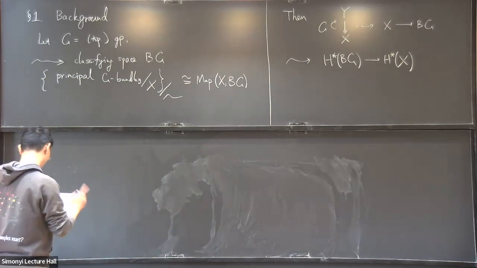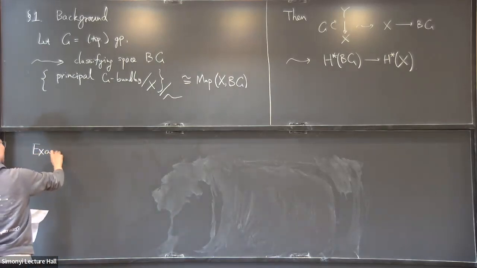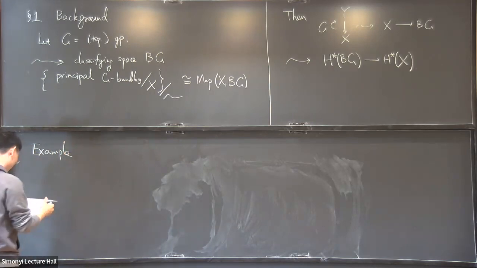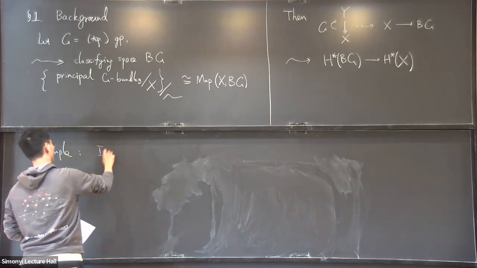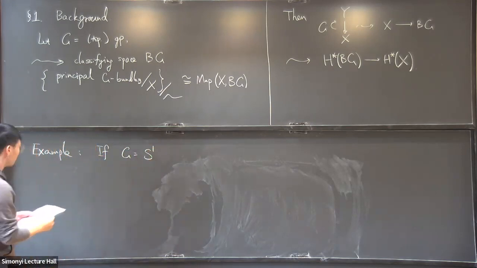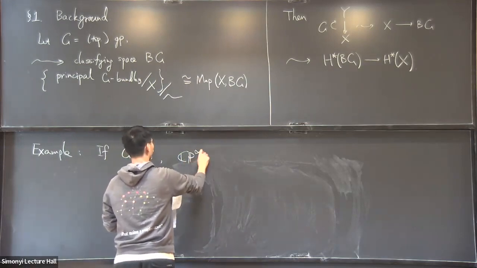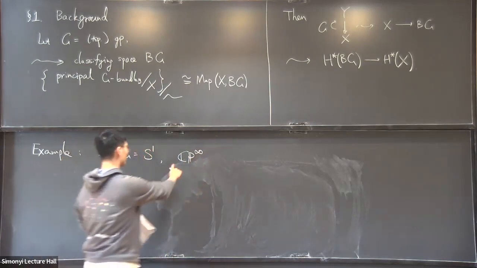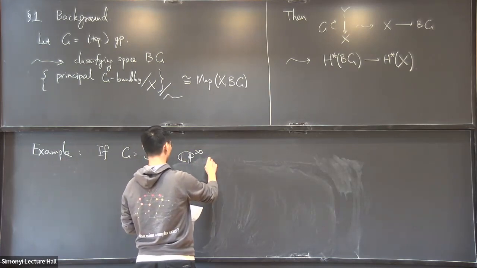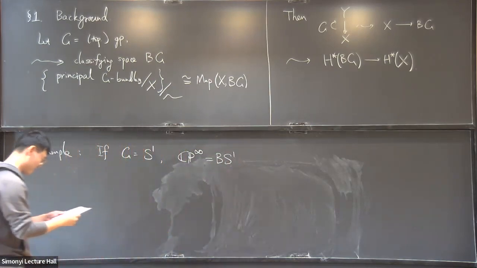But before saying this, let me give an example: let's say G is S^1. Then one of these classifying spaces can be given by CP^∞.